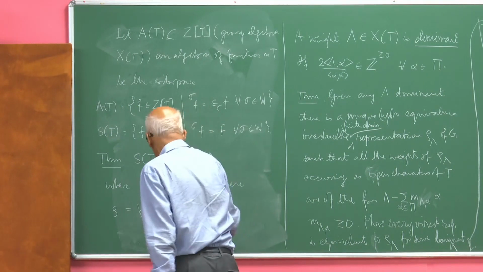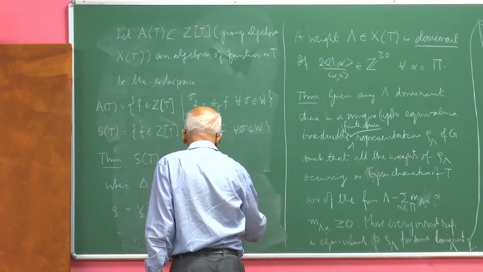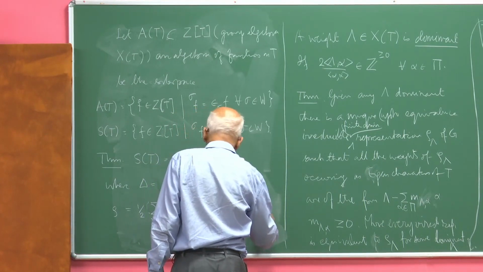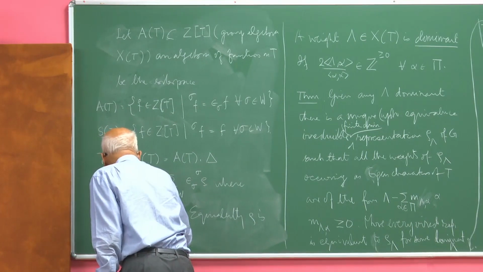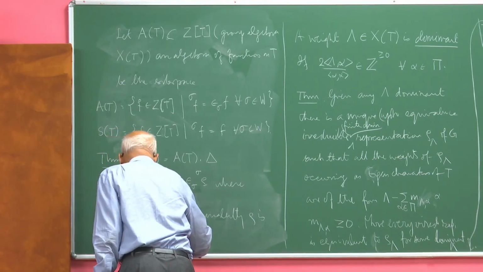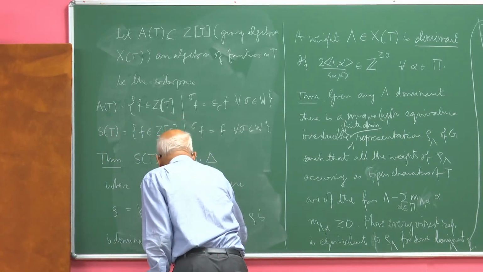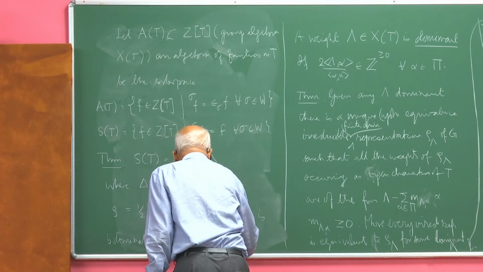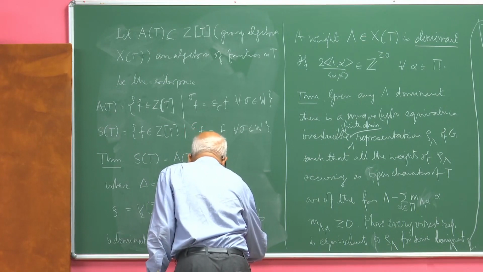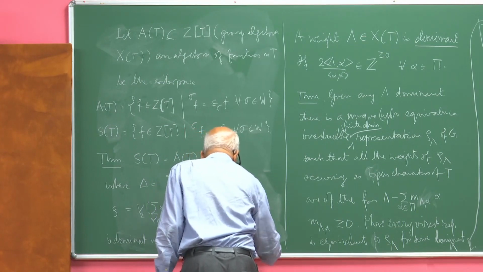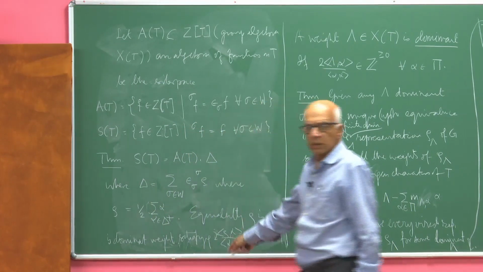Equivalently, rho is the dominant weight satisfying 2 times rho paired with alpha divided by alpha paired with alpha equal to 1 for every alpha in pi.